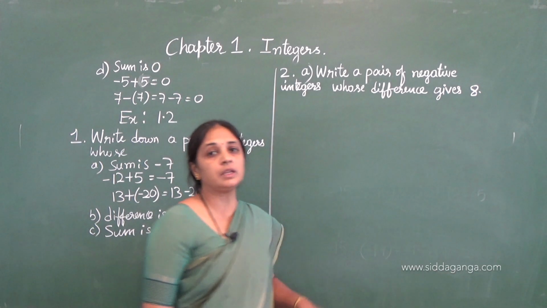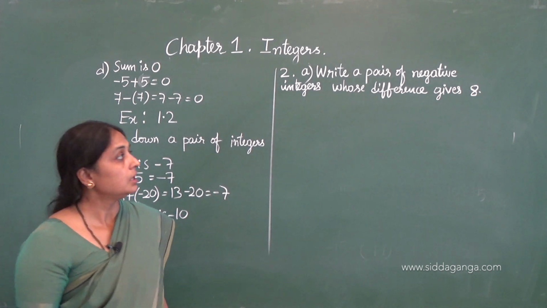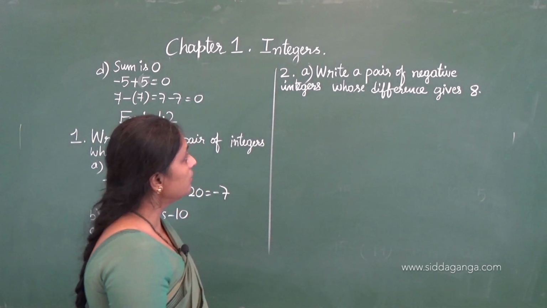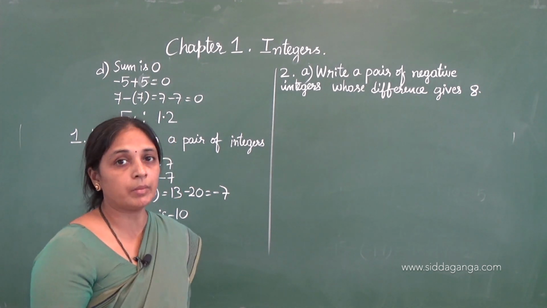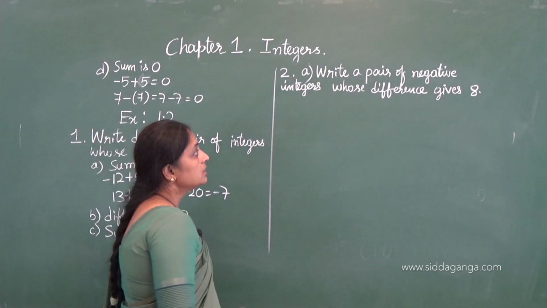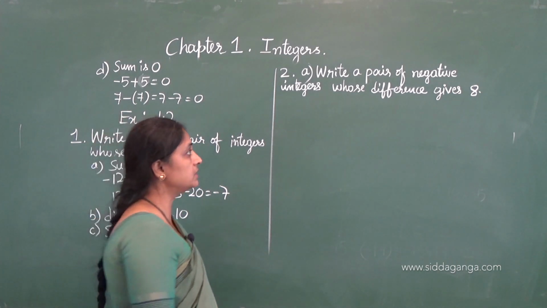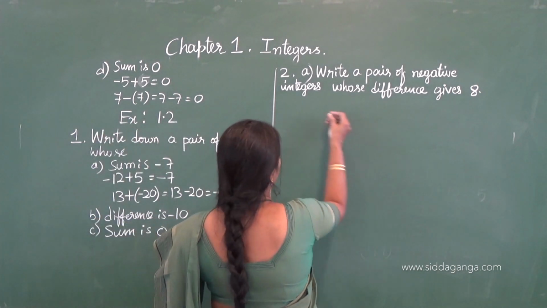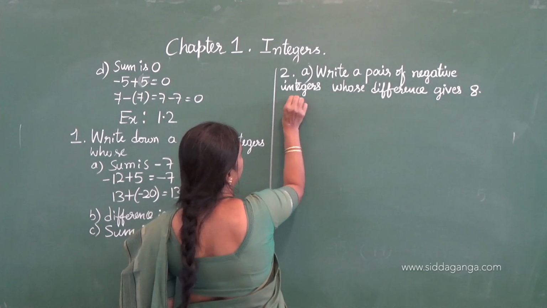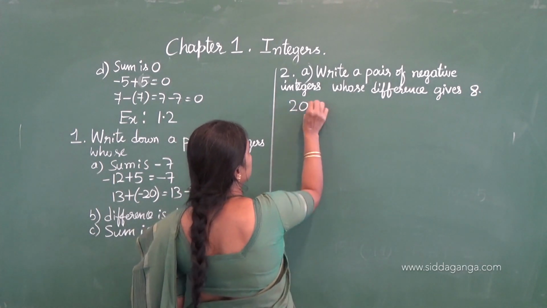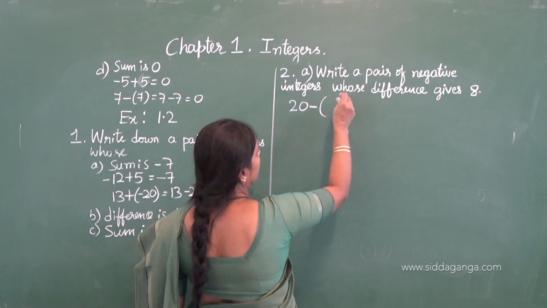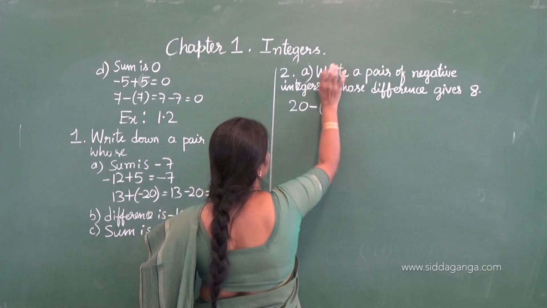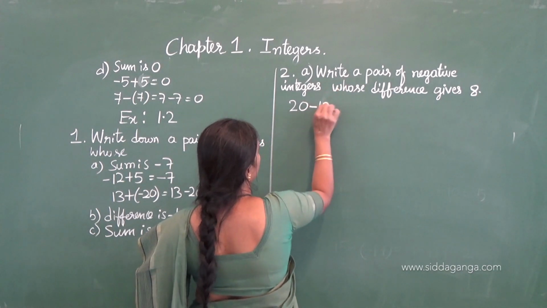Okay, consider any two integers which give 8 by subtracting, because they have asked that the difference gives 8. What is the pair? 20 minus, we have to get 8, then the difference is 12.